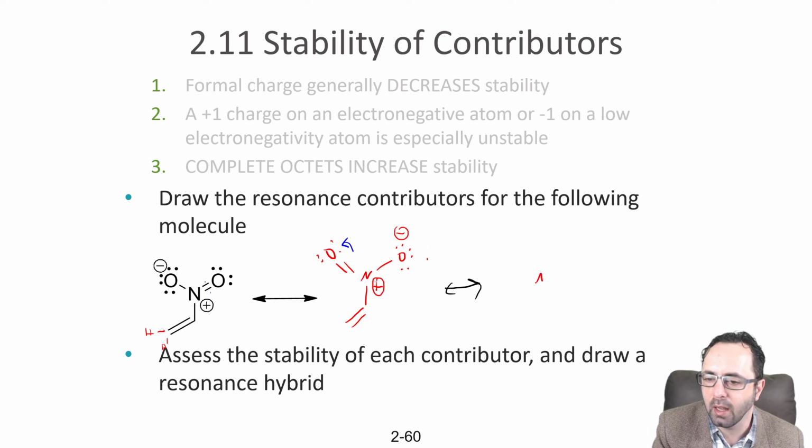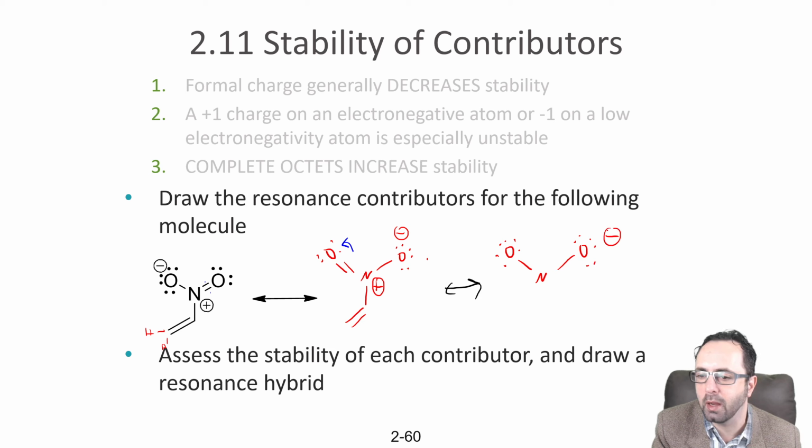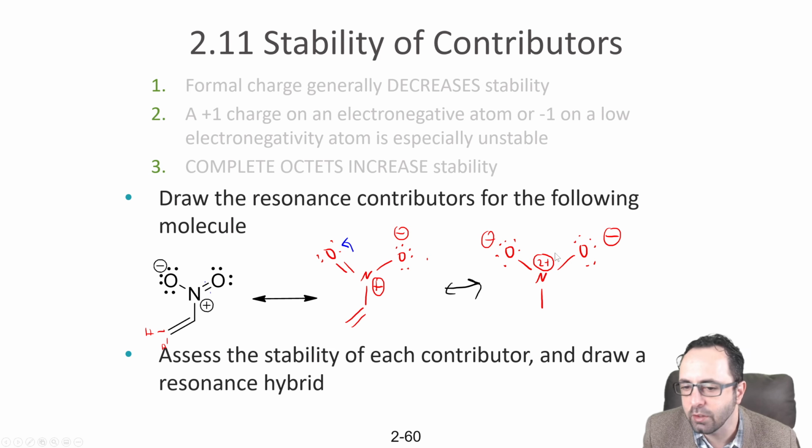So here we would end up with an oxygen with 3 lone pairs. So both of them now have 3 lone pairs. And we'd have a nitrogen with 3 bonds and no lone pairs. So that is a positive 2 formal charge, because the nitrogen should have 5 dots, but it's only got 3.